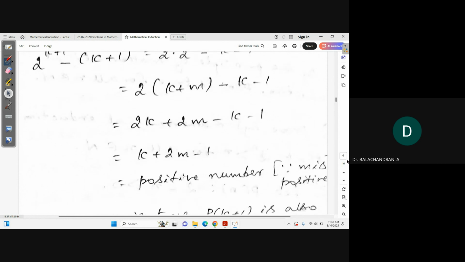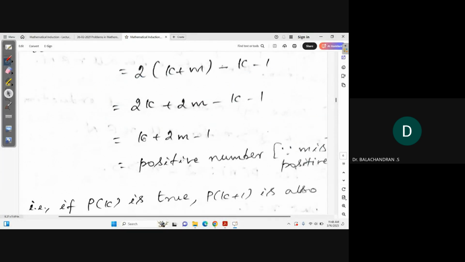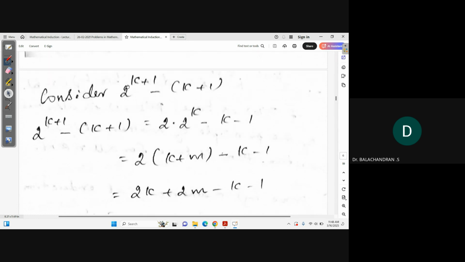We know that k is positive and m is also positive. Both of them are positive. At least m is 1 and k is 1, which means k plus 2m minus 1 is a positive integer. Actually, we need to prove this is positive, that is, greater than 0.